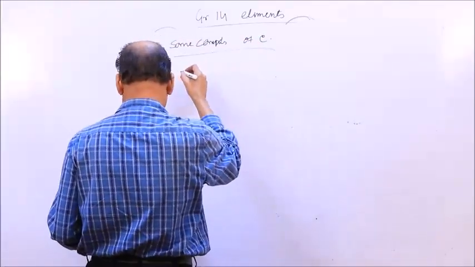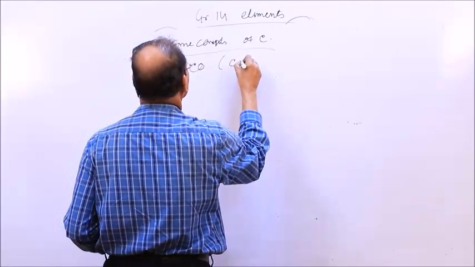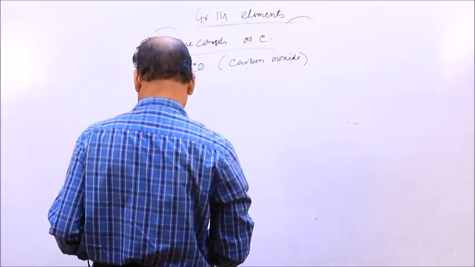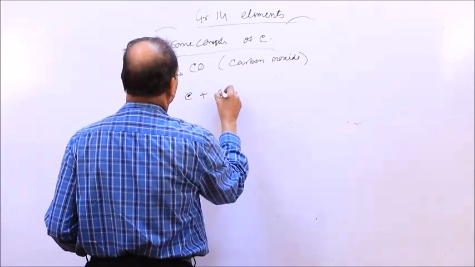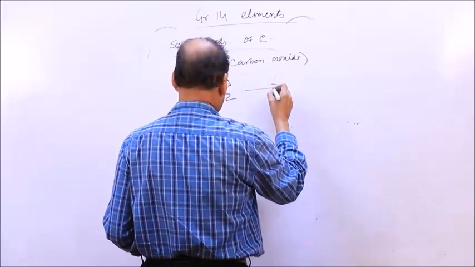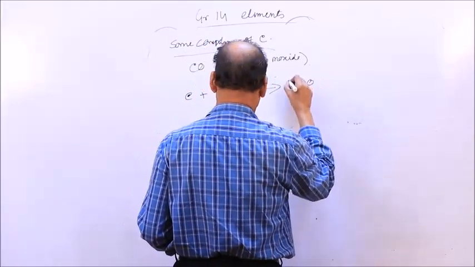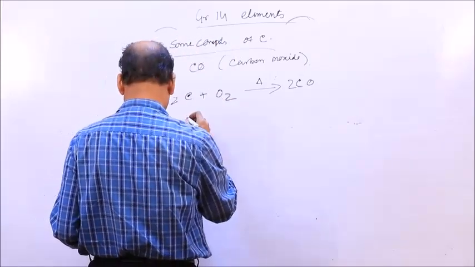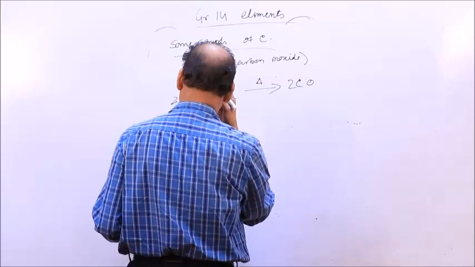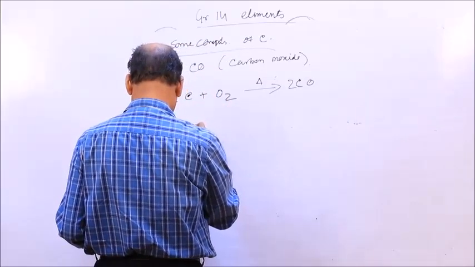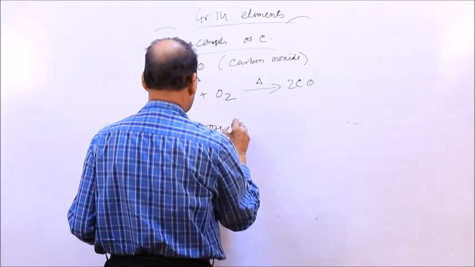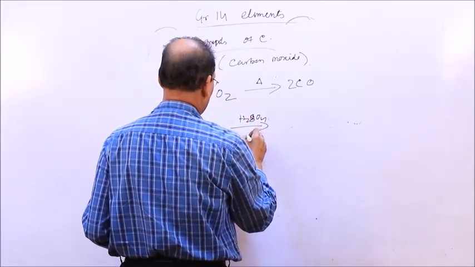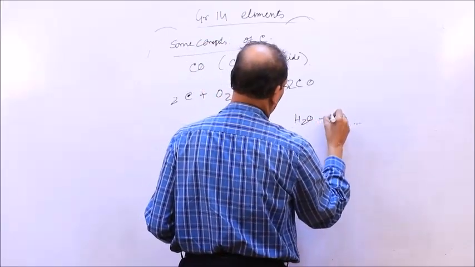First we will study carbon monoxide. Carbon in the presence of oxygen on heating forms carbon monoxide, and it can be obtained from the treatment of formic acid, HCOOH, in the presence of sulfuric acid and heating, forming water and carbon monoxide.